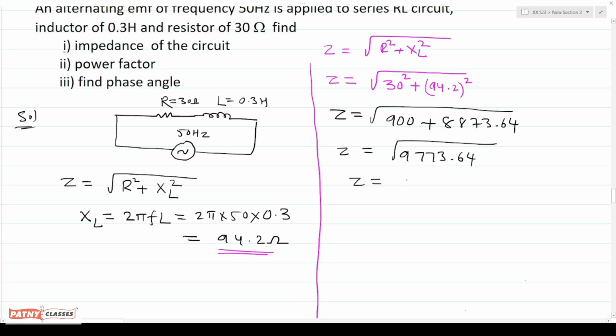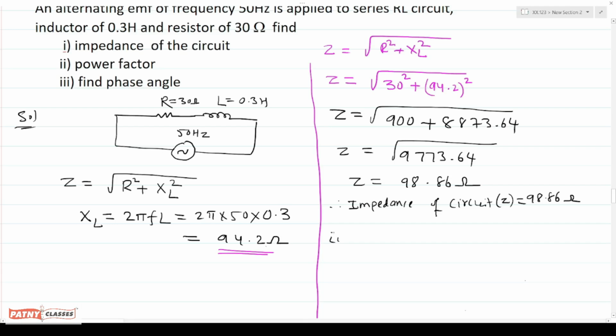After taking the square root, we get 98.86 ohms. Therefore, impedance of the circuit Z equals 98.86 ohms.